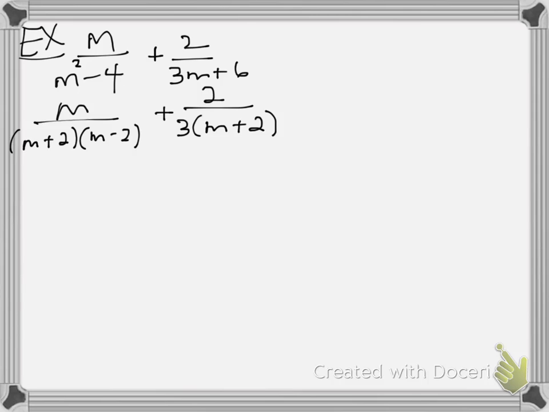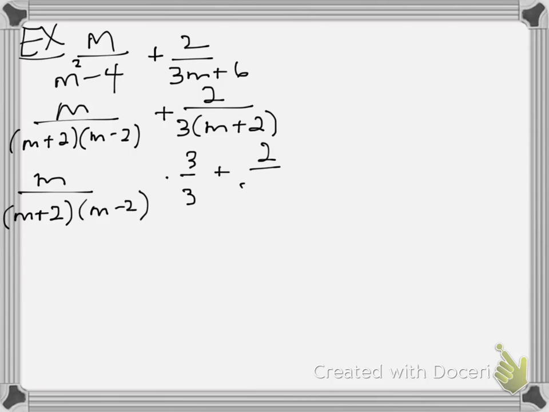So, do I have to manipulate both of them? Yes. So, what do I have to do to this one to make it right? Multiply by 3 over 3, right? What do I have to do to this one to make it right? Multiply by m minus 2 over m minus 2.